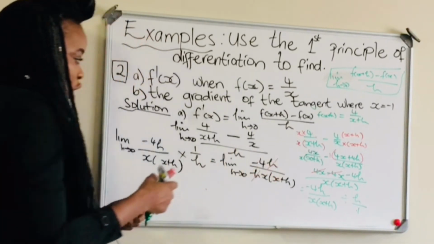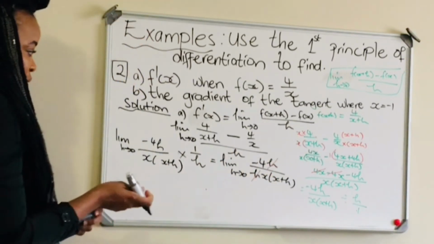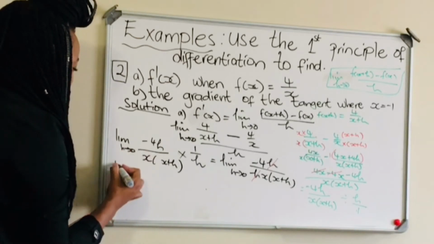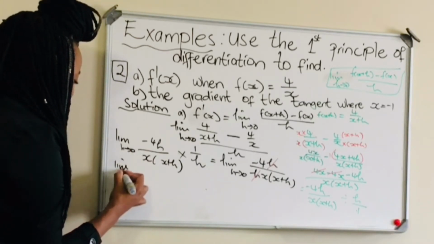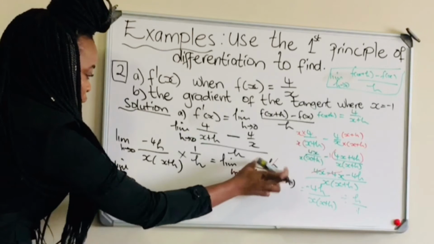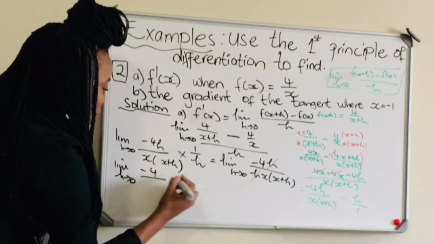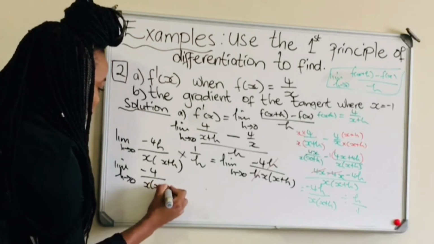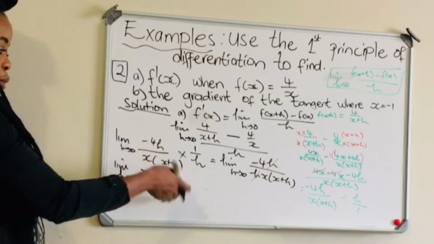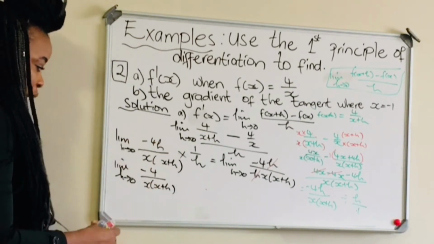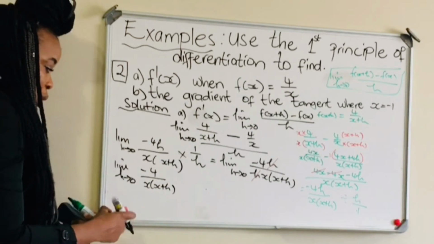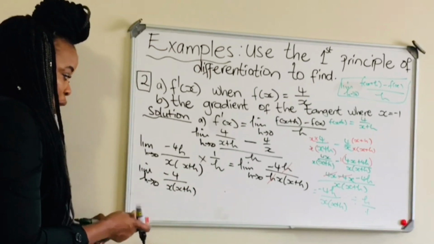Then what is that going to give you? This h cancels that h, right? So it gives me the limit as h approaches 0 of negative 4 on top over x plus h, right? So you could simply now say, everywhere I see h, I'm going to put 0 because I want to get rid of the limit.